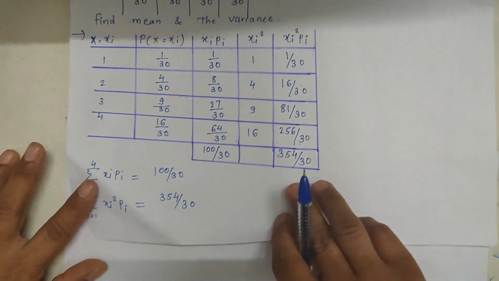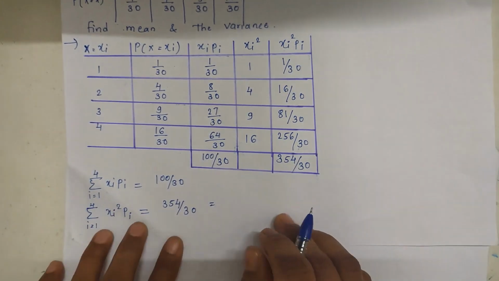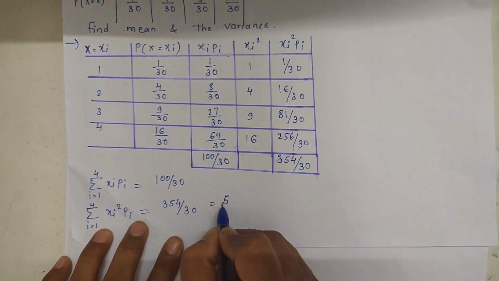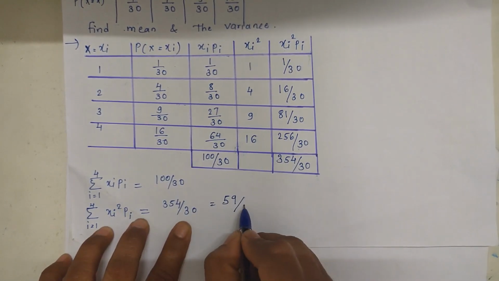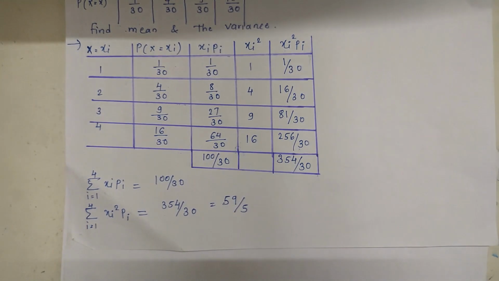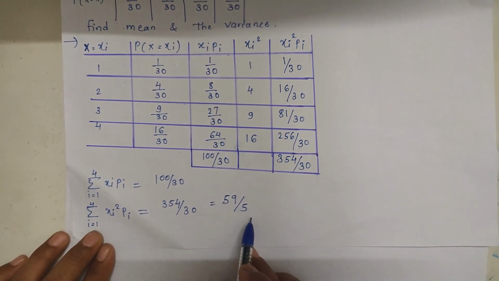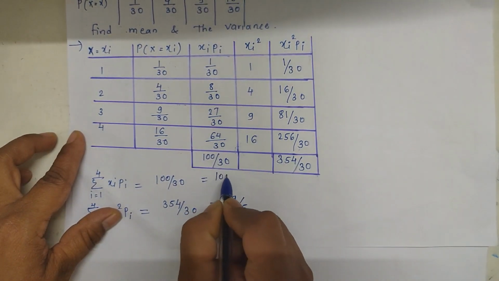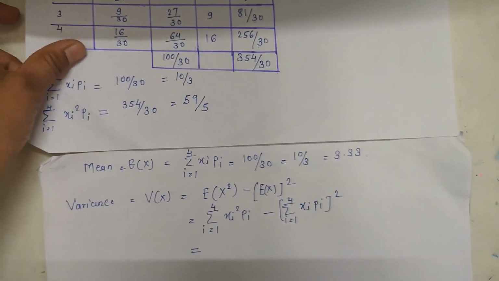Now the shortest form of 354 by 30, dividing by 6: 6 5s are 30 and 6 9s are 54. So the shortest form of this xi square pi is 59 by 5, and the shortest form of xi pi is 10 by 3. So write the values in the shortest form.